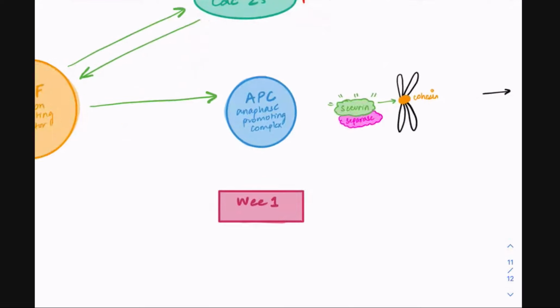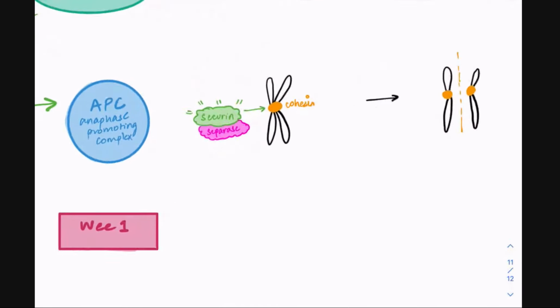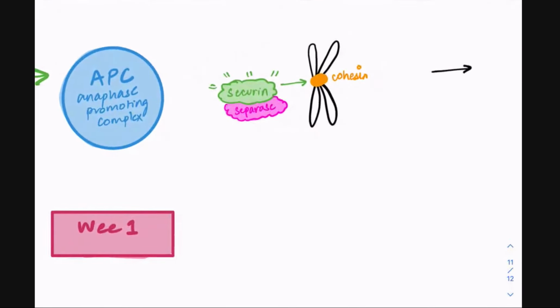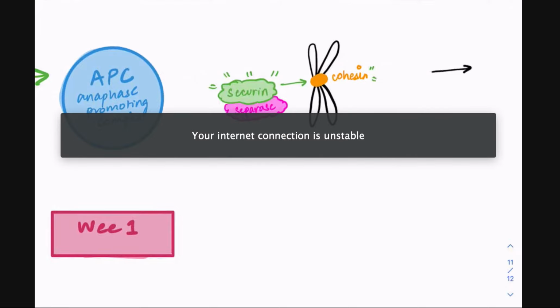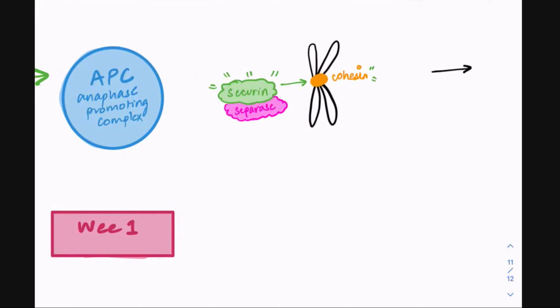Okay. Once APC is activated, it's able to turn off securin. So securin is a protein that turns on our cohesin protein, and keeps my sister chromatids attached to each other.